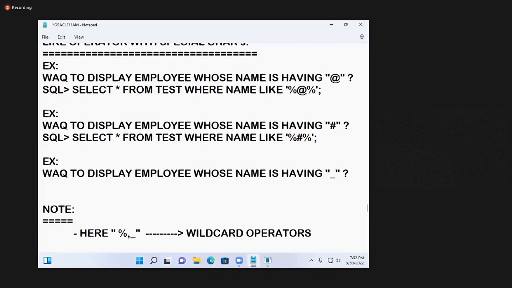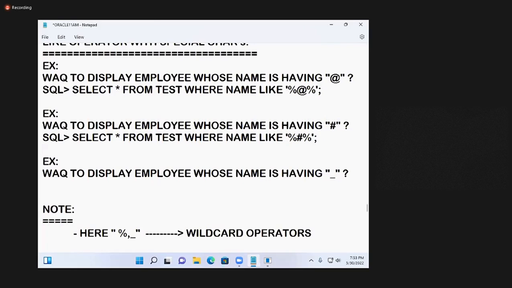Then how can we overcome this? By default, your Oracle server treats these as wildcard operators. I want to tell Oracle: don't treat them as wildcard operators, treat them as special characters. That indication we need to send to our Oracle server.